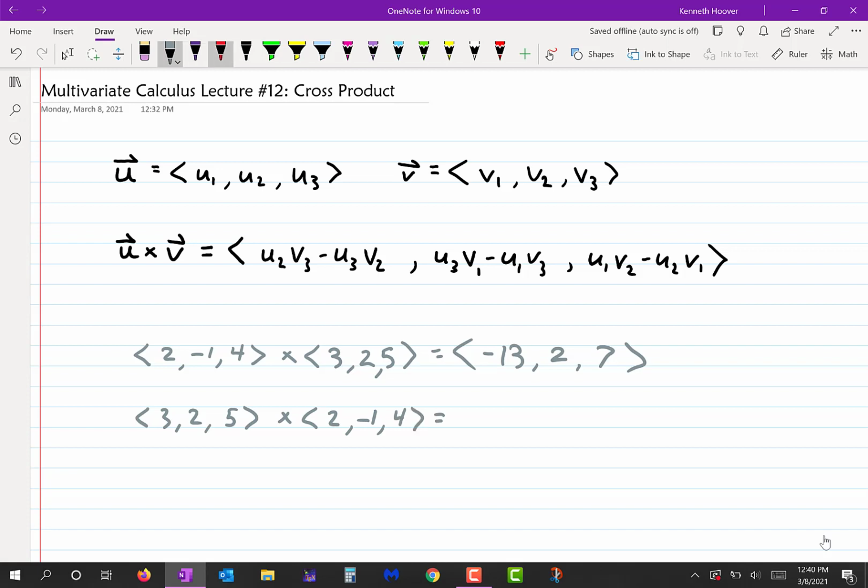The first component will be 2 times 4 minus 5 times negative 1. So that's going to be 8 plus 5, which is 13, right? Oh, look at that. You can probably guess what's going to be happening here.